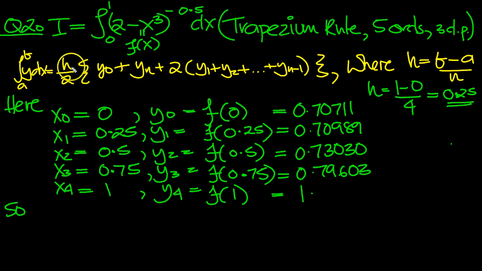So now we put them in the formula. The integral value I is h over 2, 0.25 over 2, which is 0.125.